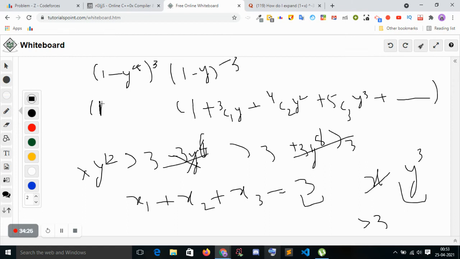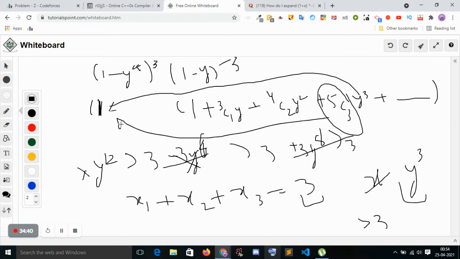So only 1 is left. To make y to the power 3, I can multiply this one with 1, so what we get is this coefficient. So 5C3 is 10. Do you understand where I am getting this formula? And the answer is 10.